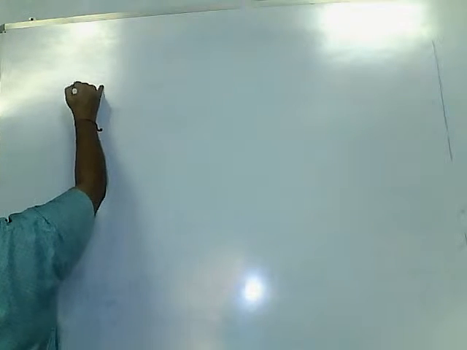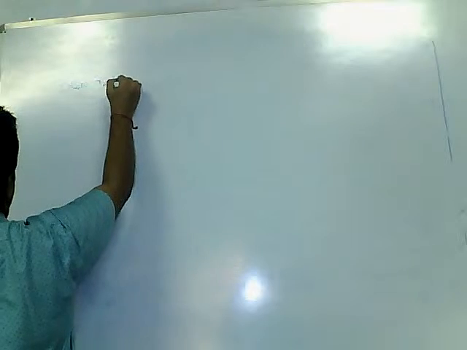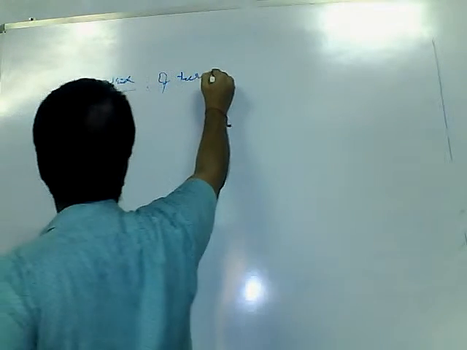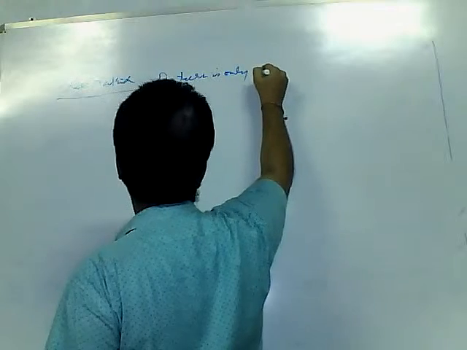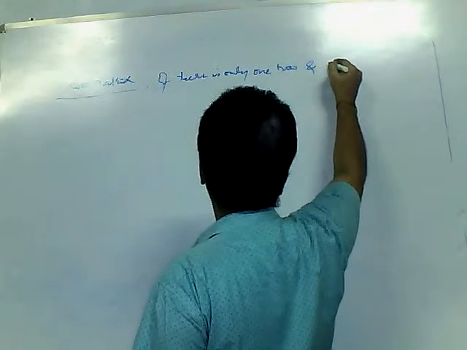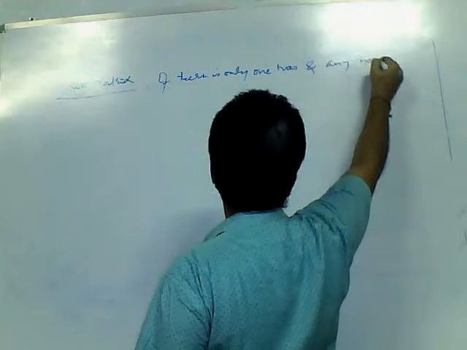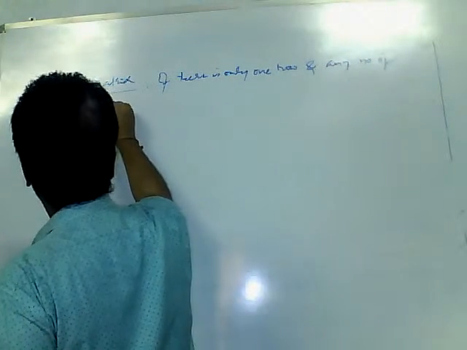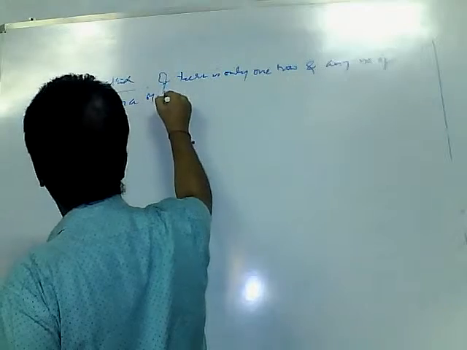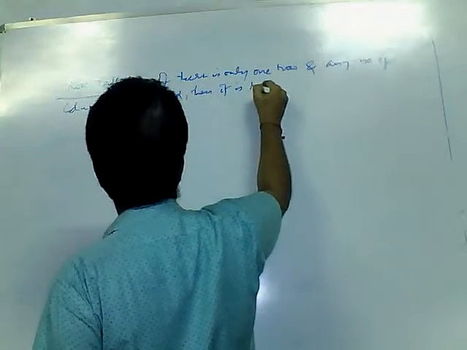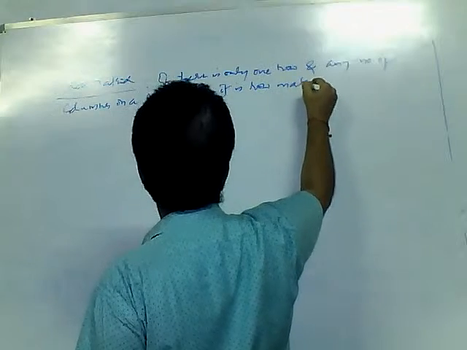Next, there are still other types: a row matrix. If there is only one row and any number of columns in a matrix, then it is a row matrix.